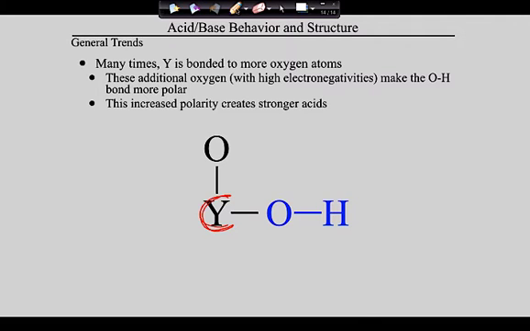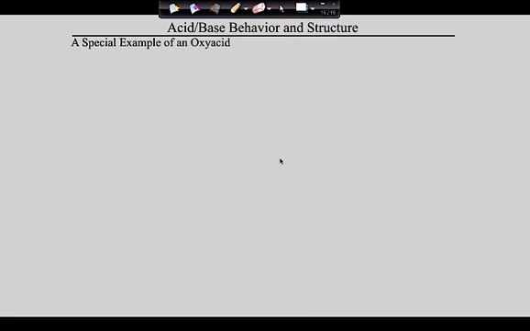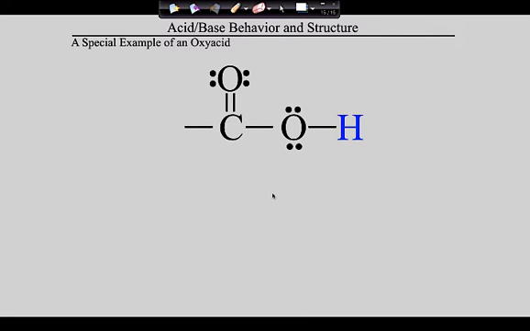This now becomes acidic because this pulls around the corner, and you get drift not caused by the carbon but caused by the oxygen. So again, the idea is this, guys: if this is gone, this is an alcohol. If this is there, it now becomes an acid. Do you see it?